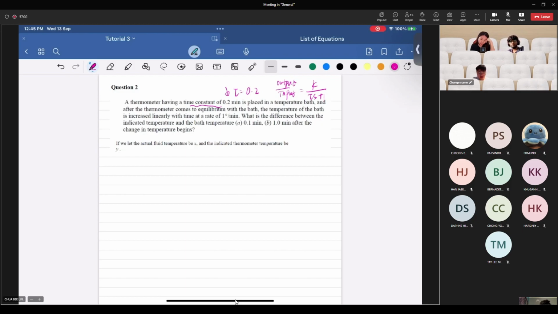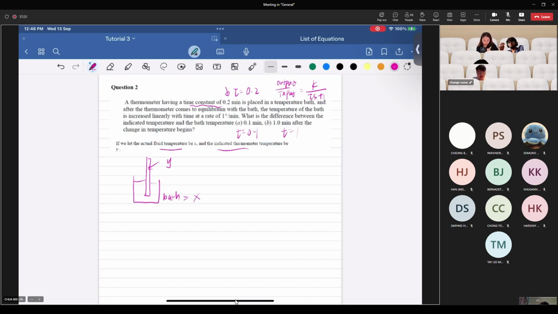What is the difference between the indicated temperature and the bath temperature at t equals to 0.1 and t equals to 1? So here is your bath, your thermometer is here, and the fluid temperature, which means your bath temperature, is X. The indicated thermometer reading is Y.